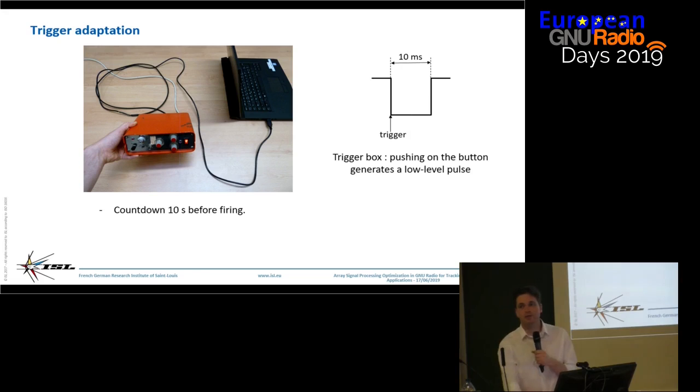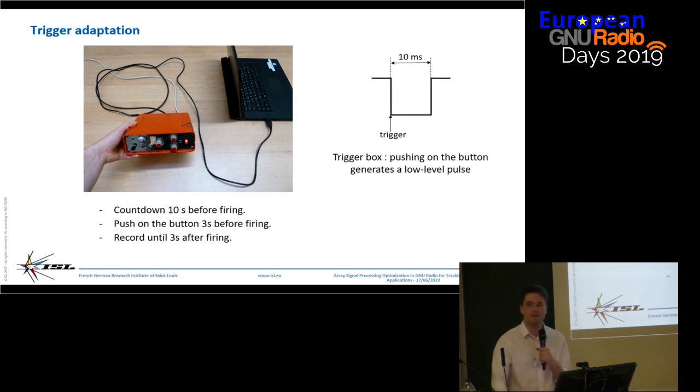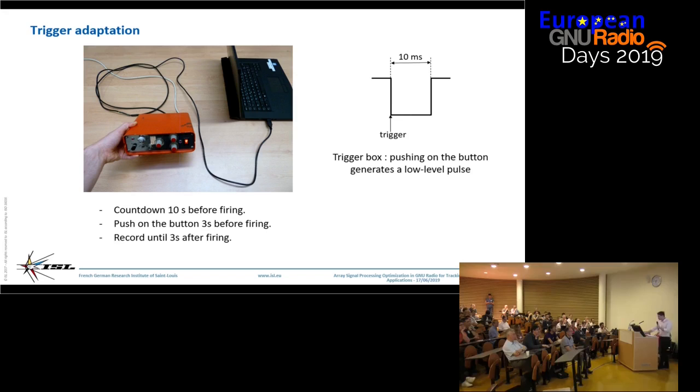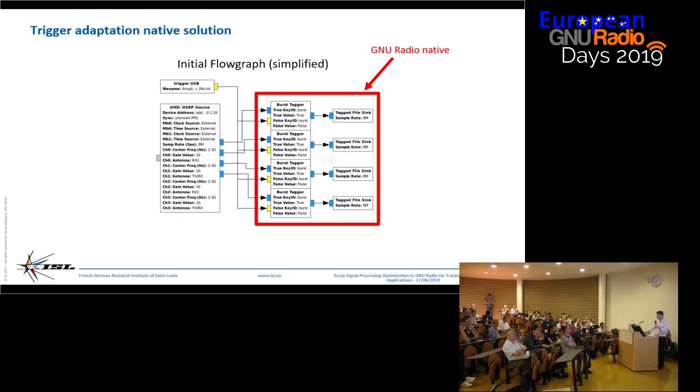During our security procedures, we had a 10-second countdown before the firing. We were starting the recording of our samples 3 seconds before the firing and up until 3 seconds after, for, if you remember, a flight that is approximately 1 second.